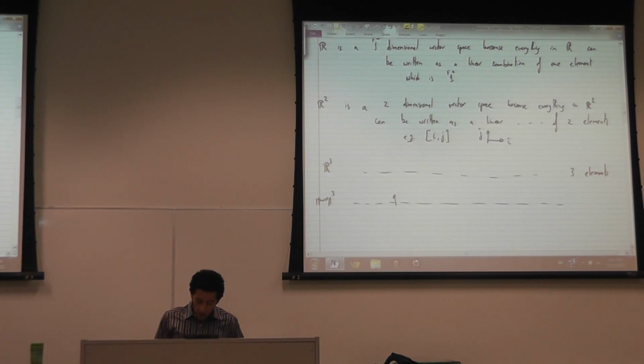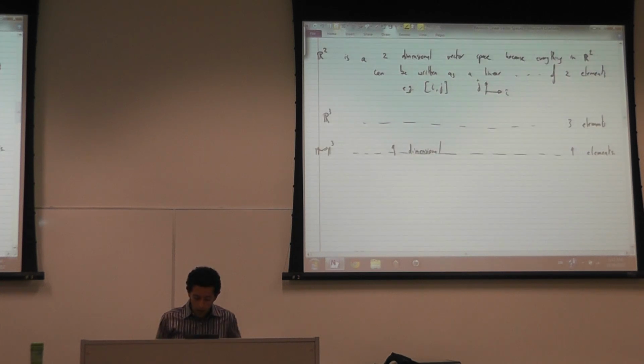So it's a 9-dimensional vector space because everything can be written as the sum of 9 elements, and these 9 elements are 1, 0, 0, 0, 0, 0, and so on. So everything in M3 can be written as the sum or in terms of 9 vectors.